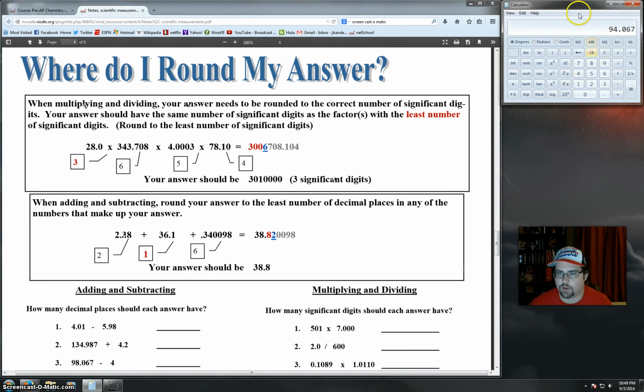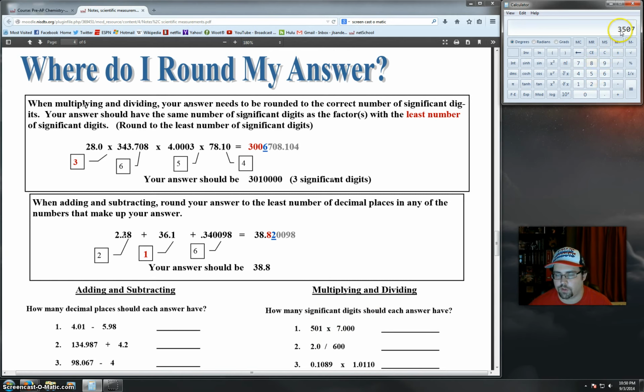So we're going to take 501 times 7.000. We get 3,507 right there. Since my significant figures on the lowest is 3, I can only have 3 here.